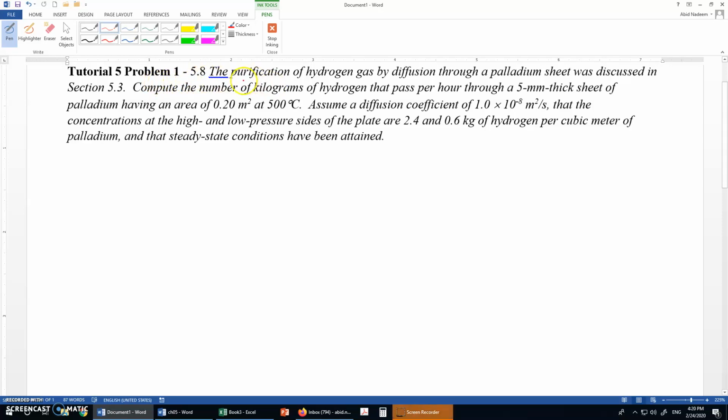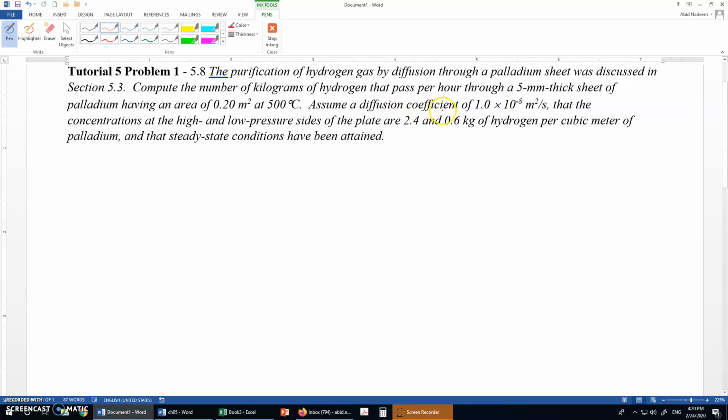Problem 1. The purification of hydrogen gas by diffusion through a palladium sheet was discussed in section 5.3. Compute the number of kilograms of hydrogen that pass per hour through a 5 mm thick sheet of palladium having an area of 0.2 square meter at 500 degrees centigrade.